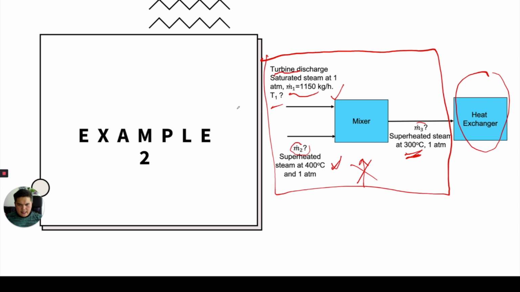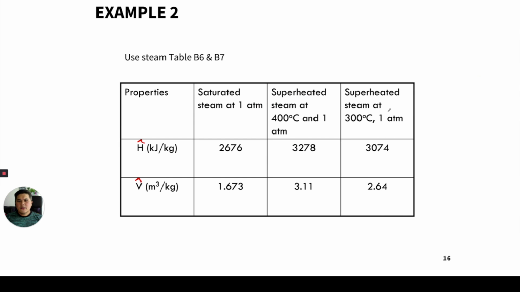This is the inflow, which we call stream 1, stream 2 and stream 3. So saturated steam at 1 atmosphere is given as stream 1, this is stream 2 and this is stream 3.